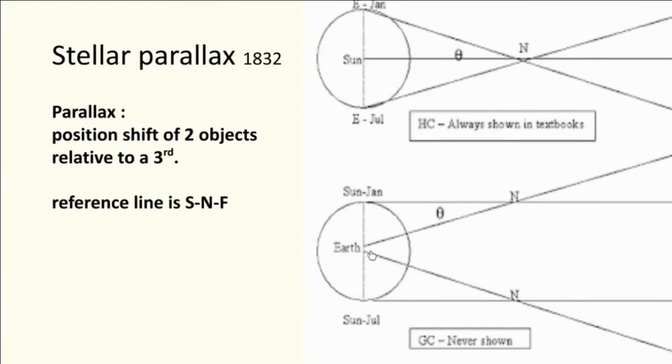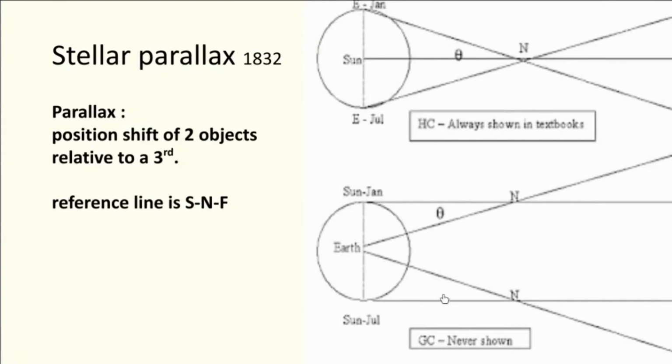All right, here's the model of the geocentric system, the Earth at the center with the sun orbiting. Again, 6-month positions. When you sight the near and far star and use the reference line SNF, then you get the angle theta. This is the same angle by geometry as you get up here.